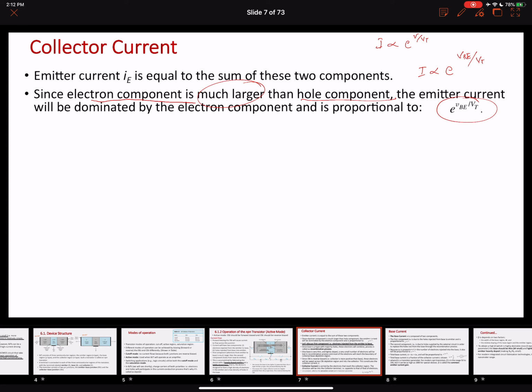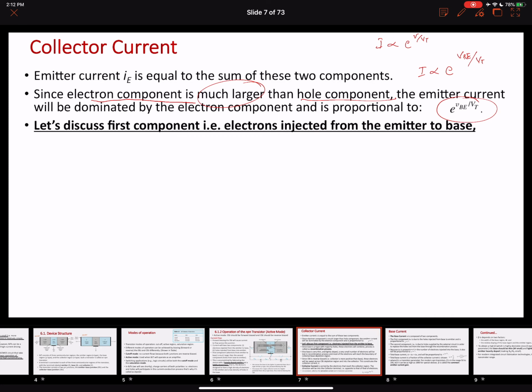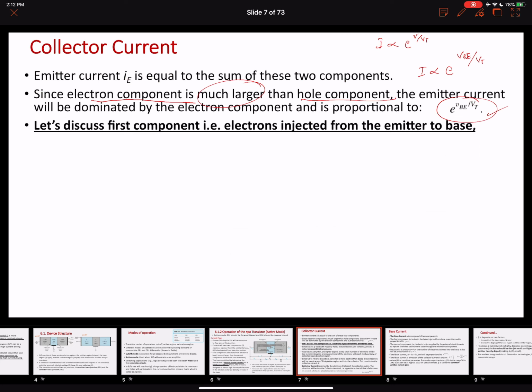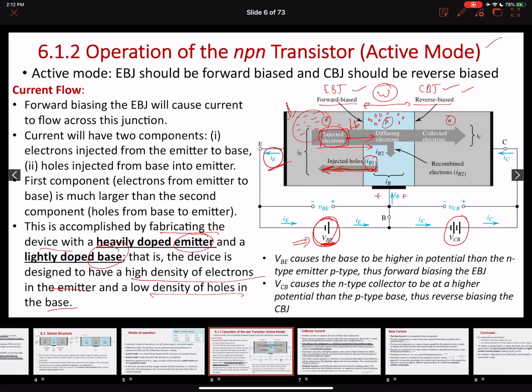Okay, so let's see more details about this current proportional to e^(VBE/VT), the number of electrons that are injected from the emitter to the base. Let's discuss this first component more. What will happen to those electrons?